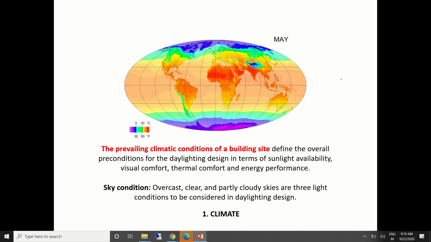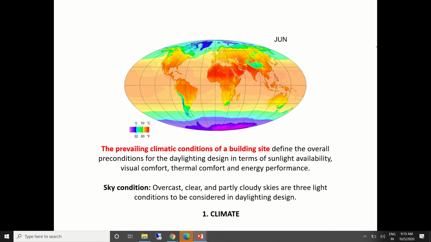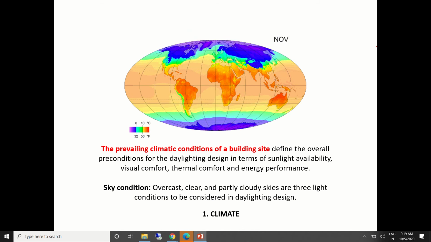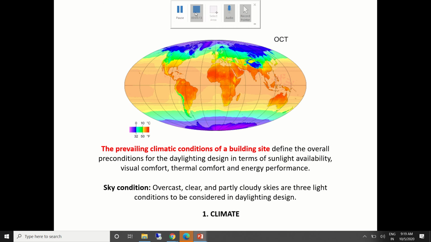Can somebody define climate? What is climate? So climate is the weather condition. Climate is just the weather conditions? Sorry, say it again. I'm not able to hear. Just 1 second.